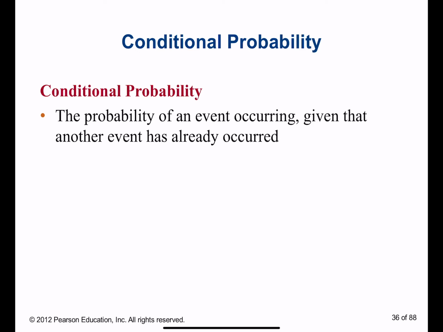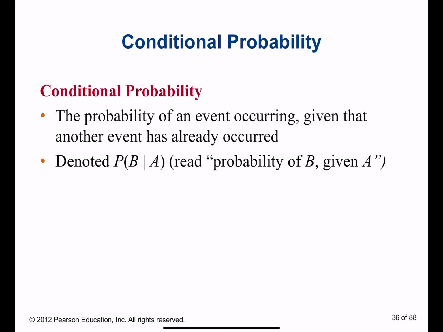I will go to the beach if the sun is shining, right? So the sun has to be there, that's the condition, so I would go to the beach. Okay. We denote it with a vertical line here, which means B will happen when event A is given.